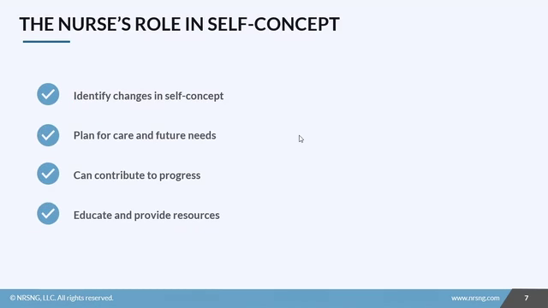So what do you do about it? You're the nurse. This is your job. You've got to take all this knowledge of self-concept and plug it in: how does it fit with our patient? The biggest thing you can do is identify changes in self-concept and anticipate challenges. You can find the resources that you need. If your patient's getting an amputation, expect that they're going to see it as a challenge, and that they may have an issue with body image, right?